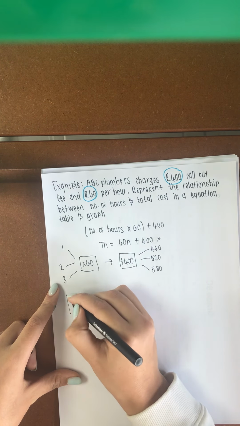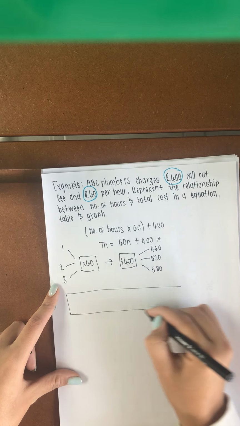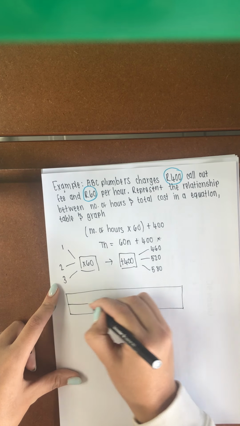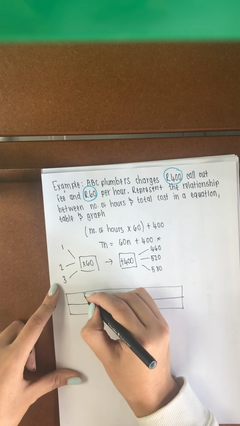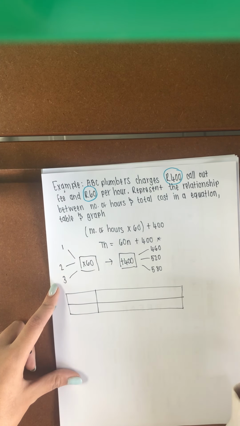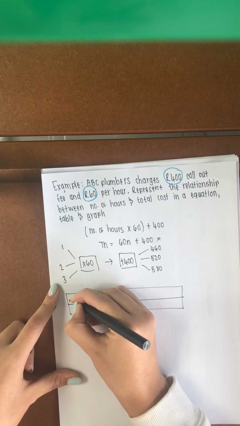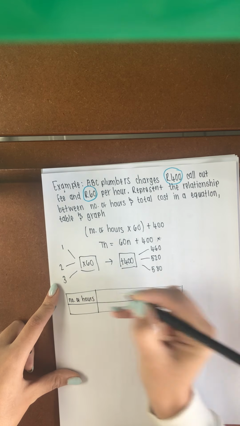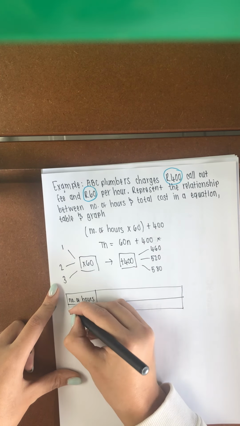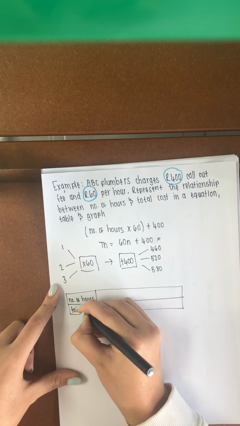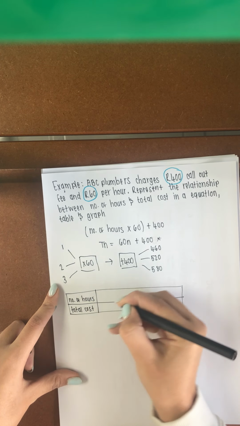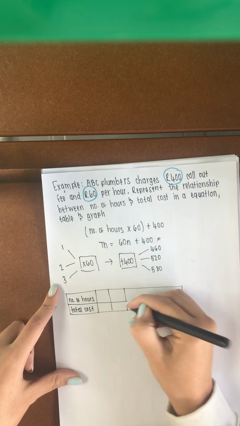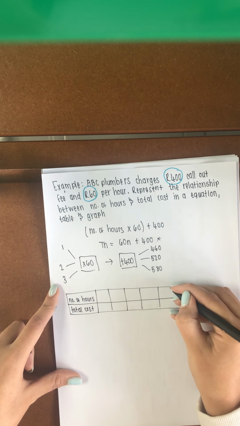Then my table, so I draw my table. Input values at the top, output values at the bottom. So it will be number of hours as my input and the total cost as my output. So now I've got for 1 hour, 2 hours, 3 hours, 4 hours.